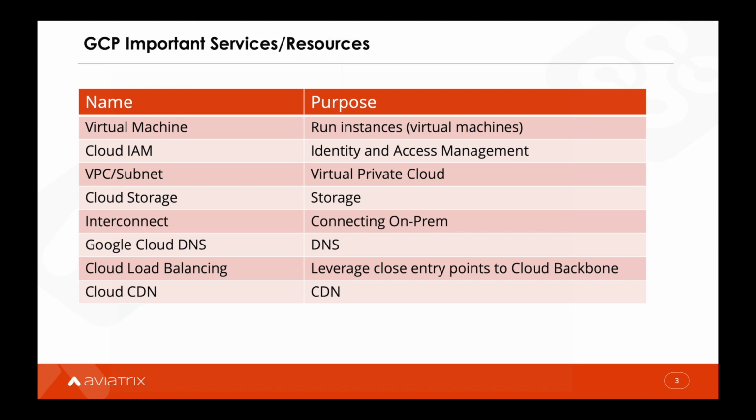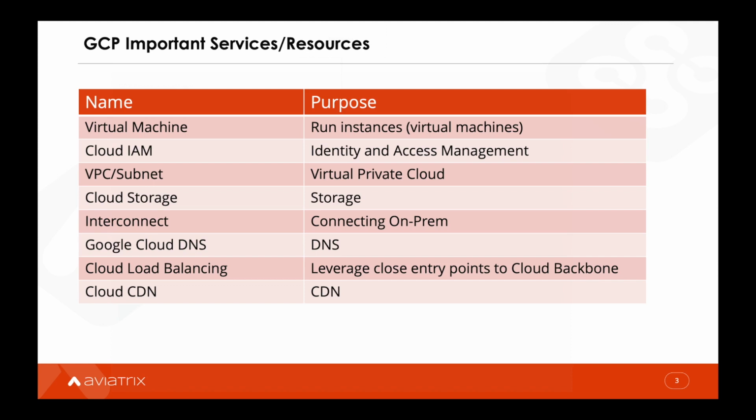Interconnect is very interesting, and you should pay attention to this because this is equivalent to AWS Direct Connect or Azure ExpressRoute. It allows your cloud GCP to connect to on-premise with a private connectivity.